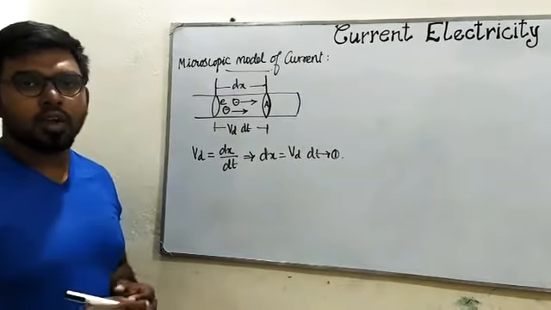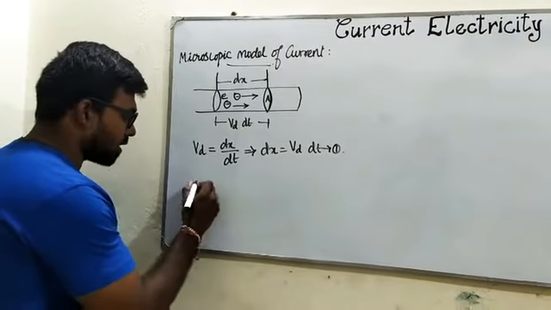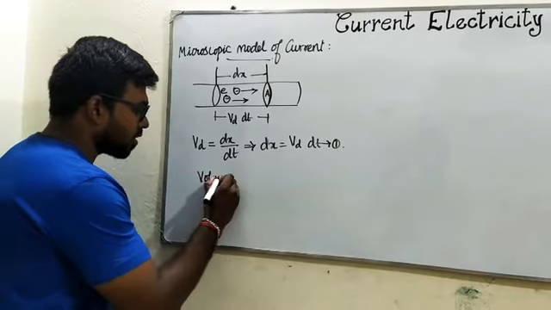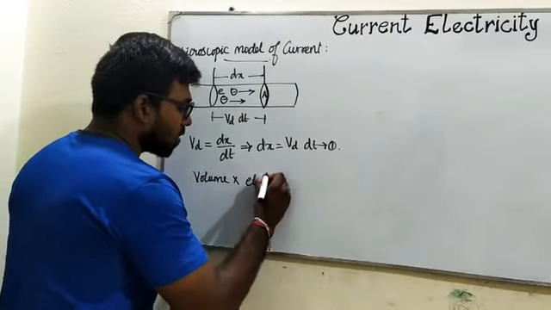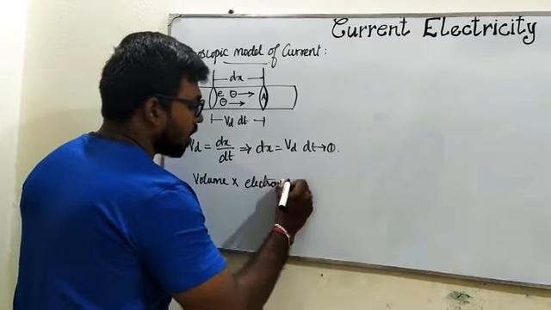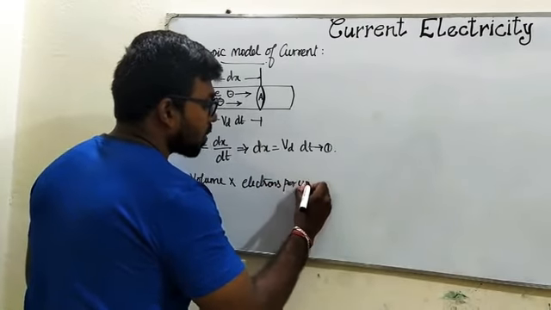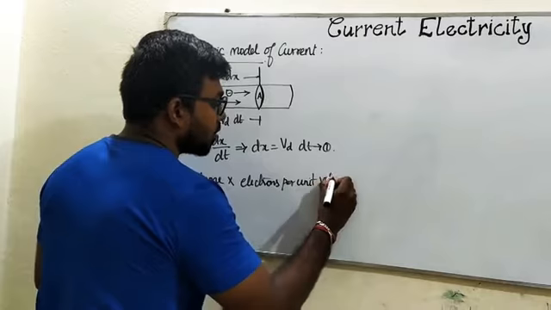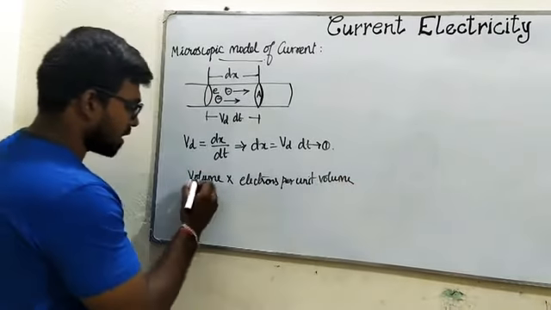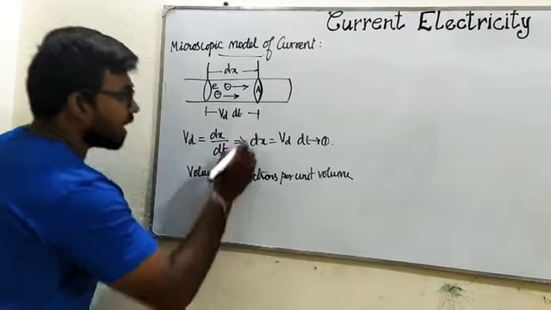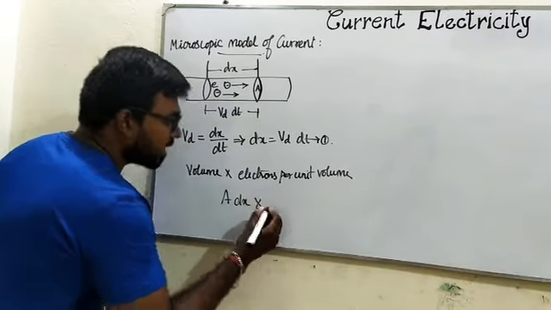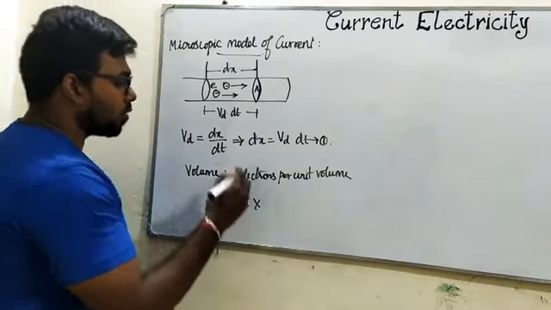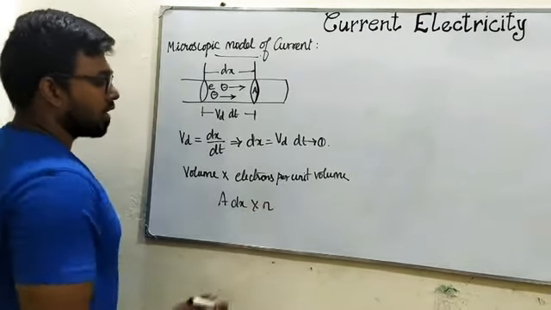The number of electrons present in a volume can be written as volume into electrons per unit volume. The volume is the area of cross section into dx, A dx, and electrons per unit volume we write as n.